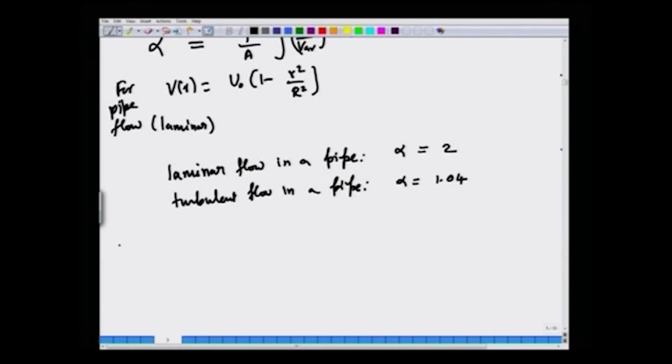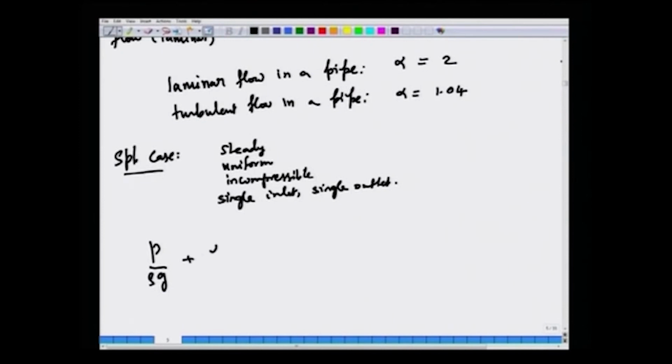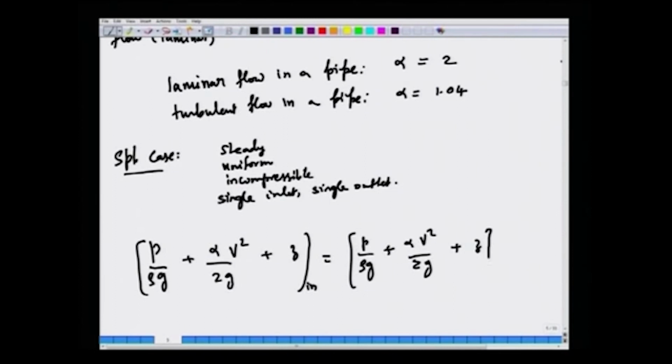So, for the simplest special case of steady flow, incompressible fluid, and single inlet, single outlet, you get P by rho g plus alpha V squared by 2 g plus Z at inlet is P by rho g plus alpha V squared by 2 g plus Z at outlet plus the head due to shaft work plus the head due to losses, viscous losses.